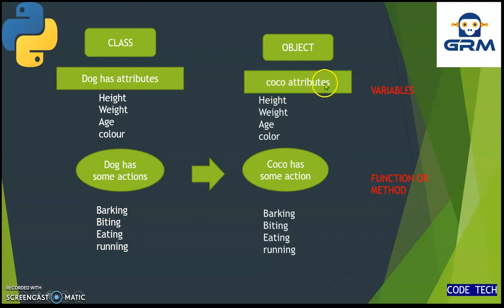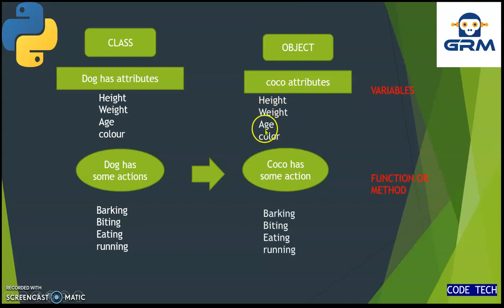Here Coco is the name of a dog, so Coco exists physically, so we can say that Coco is an object. Dog is an animal's name, so dog does not exist physically, so it is a class.